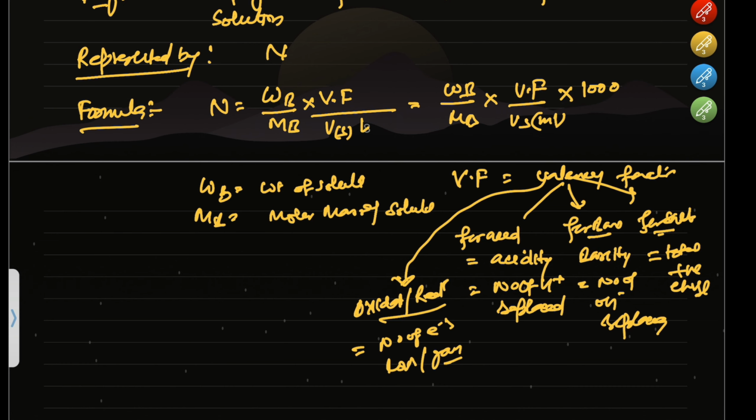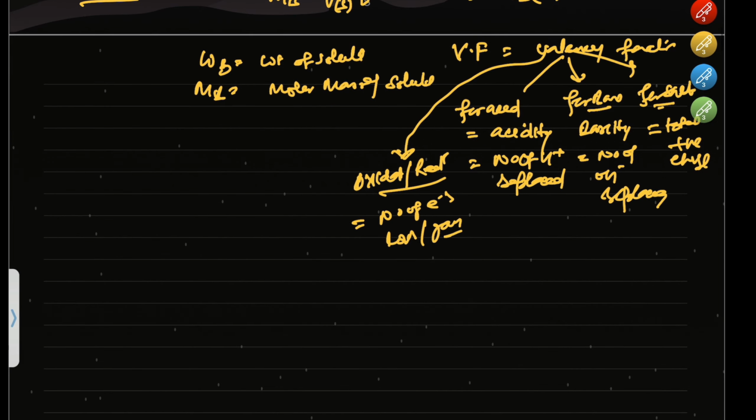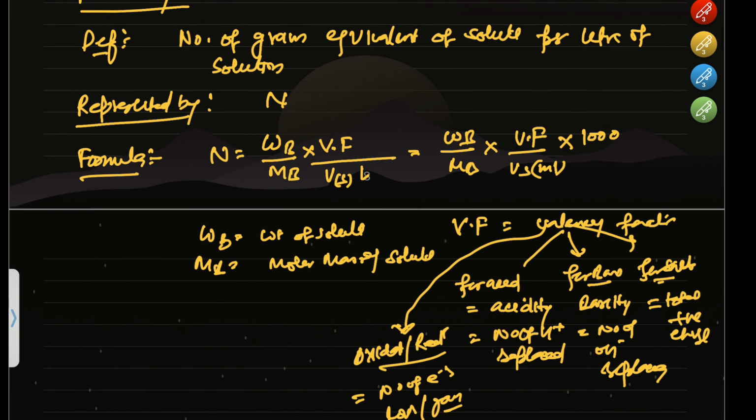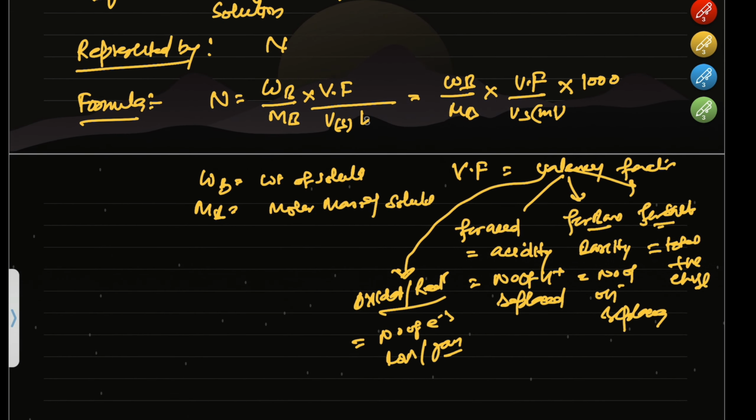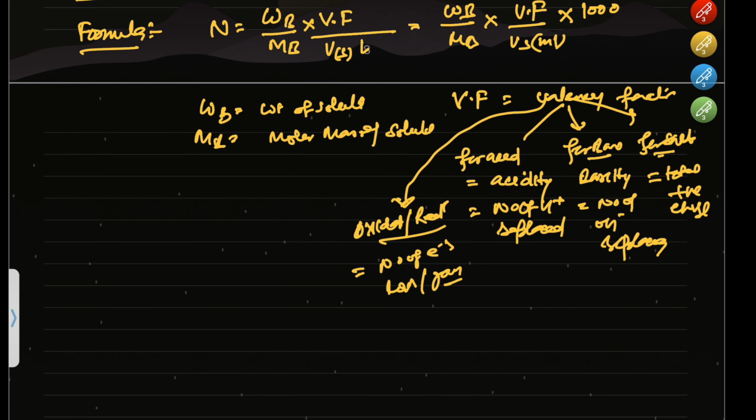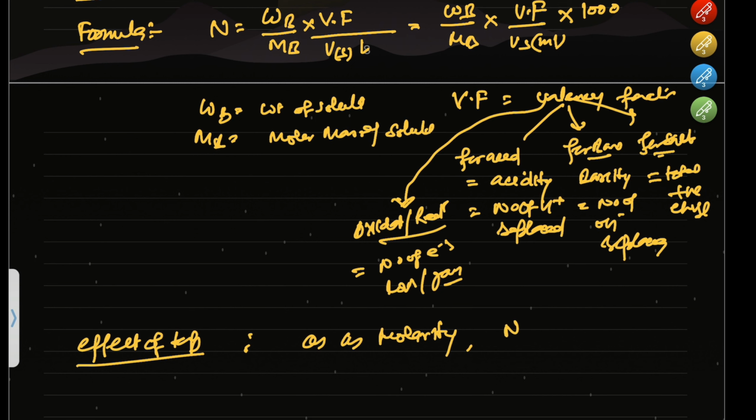Formula हो गया। अब रह गया effect of temperature, same as molarity. Normality is inversely proportional to temperature.